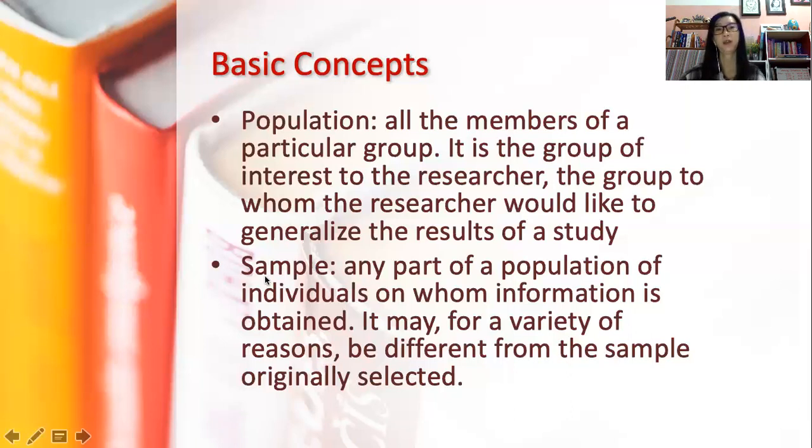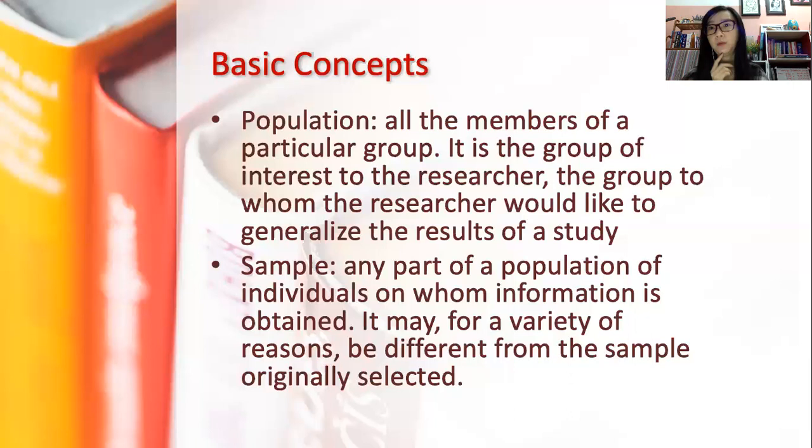When it comes to the question of size or numbers, there will be different techniques of getting the sample size as well. And of course, the sample size will depend on the type or design that you are going to use, whether you are going to conduct a survey research, a correlational research, or an experimental research.